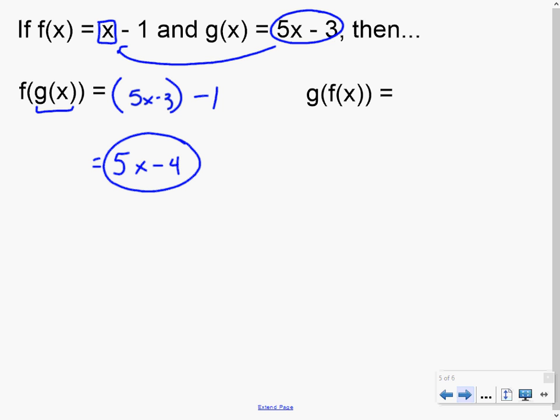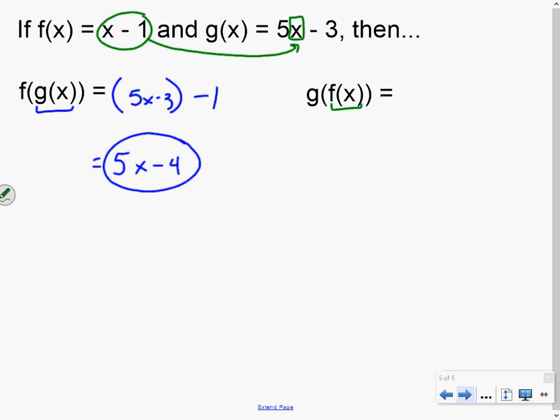Now let's do it the opposite way. Let's do g of f of x. So if I'm doing g of f of x, okay, g of x is going to be like my starting function, and we're going to take f of x and plug it into g of x. So my x minus 1 from f of x is going to get plugged into x here. So I like thinking of my variable as kind of an empty box, and I'm filling it in with that x minus 1.